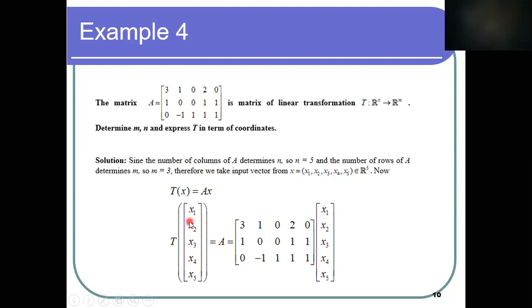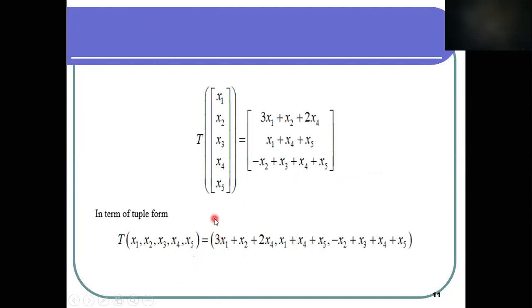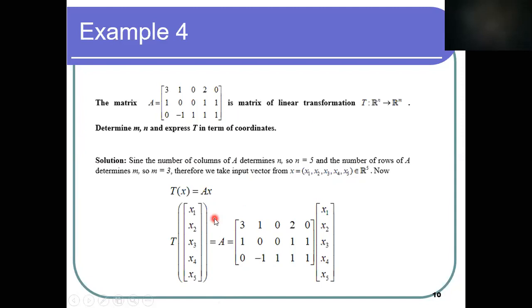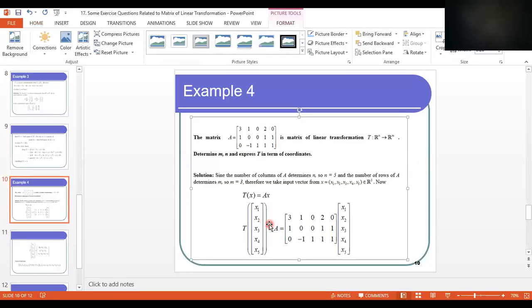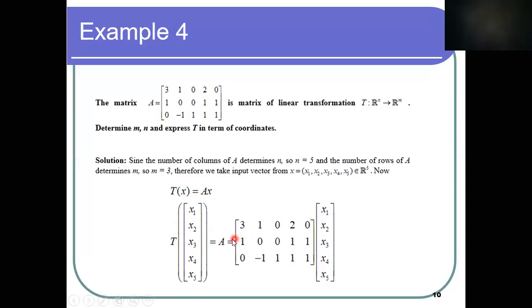So I take the input as x1, x2, x3, x4, and x5, five elements in this column vector, and I multiply it with the matrix. Sorry, let me correct it. Dear student, it must be A into x, so here you have to write x.